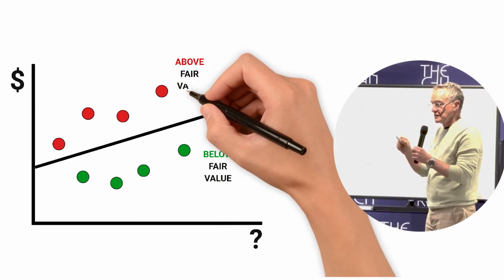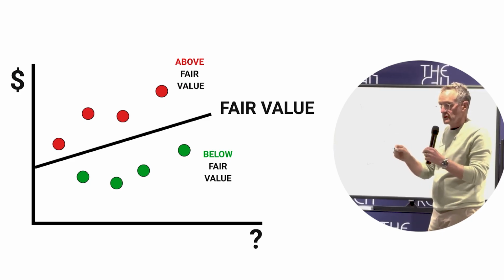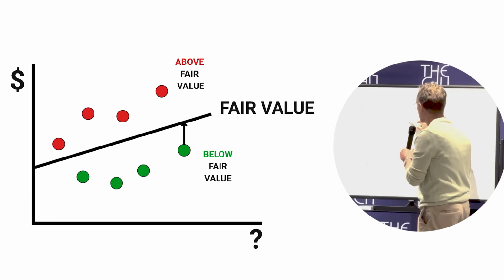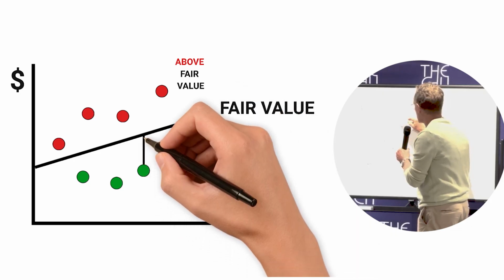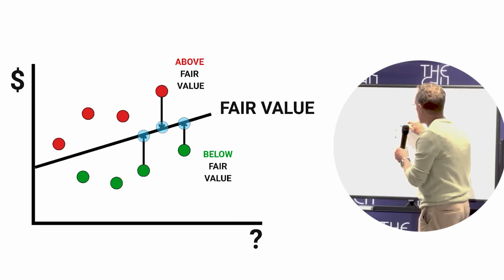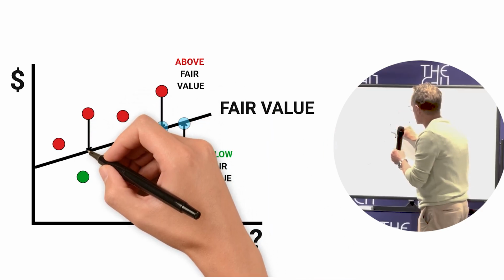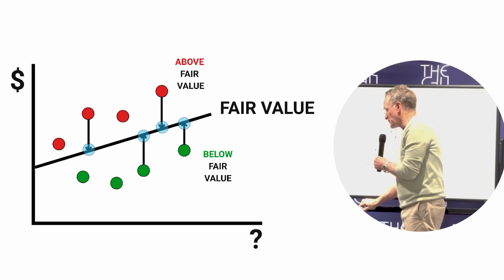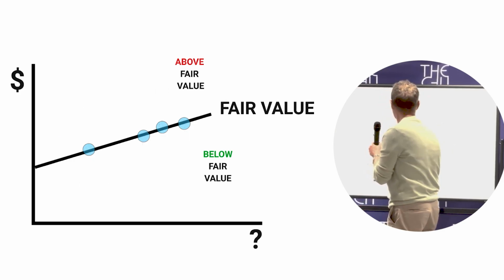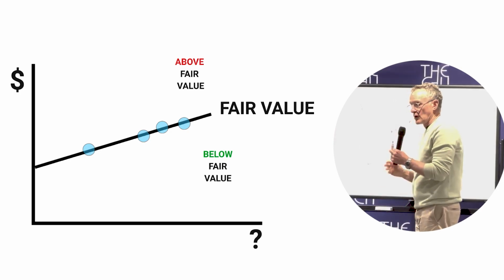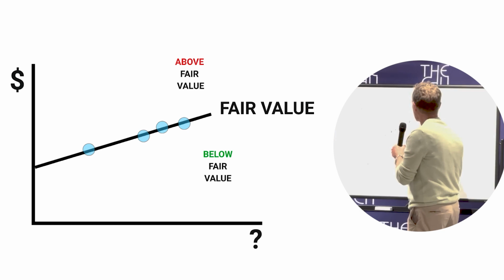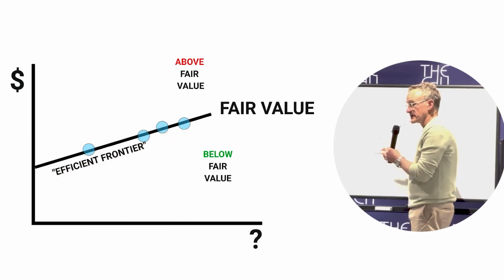But when all these people that I mentioned study the market, they buy the cheap ones and they cause the prices to converge with fair value, and they sell the expensive ones and cause their prices to converge with fair value. So by the end of this process, it just looks like that. And all the prices, all the stocks are on this line, the so-called efficient frontier.